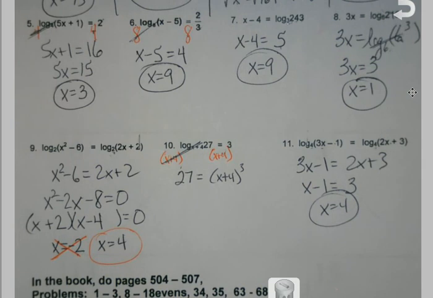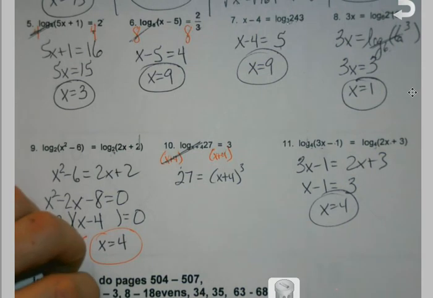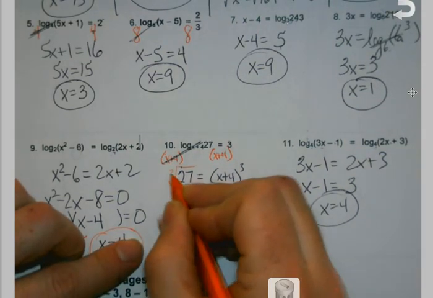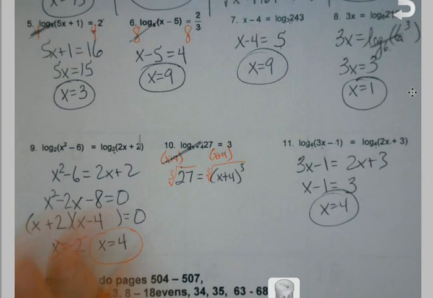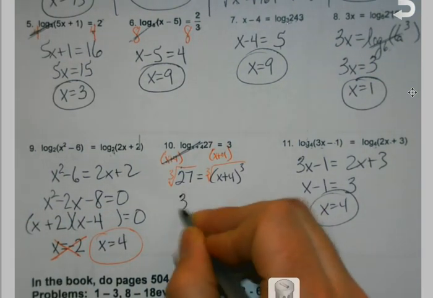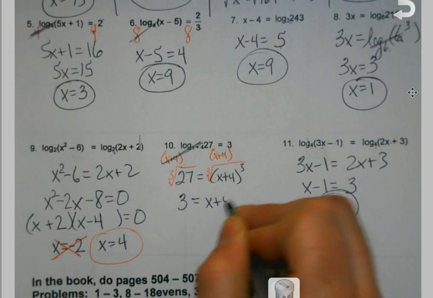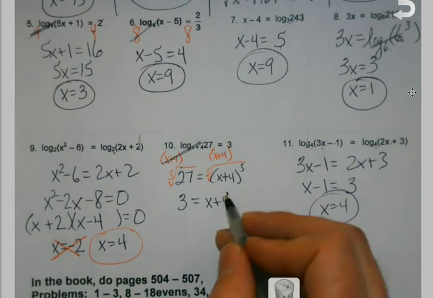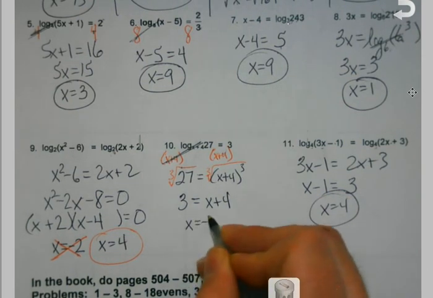How can I get rid of that cube? Cube root it. But at least the cube root of 27 is something that comes out nice. Subtract my 4, and I get negative 1.